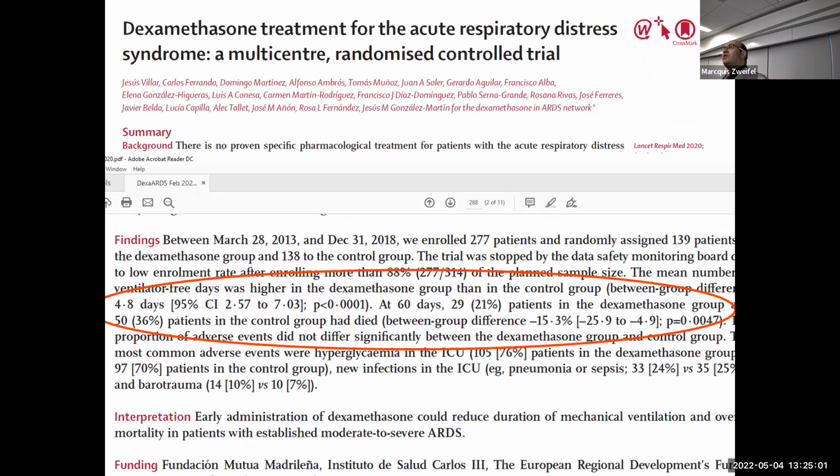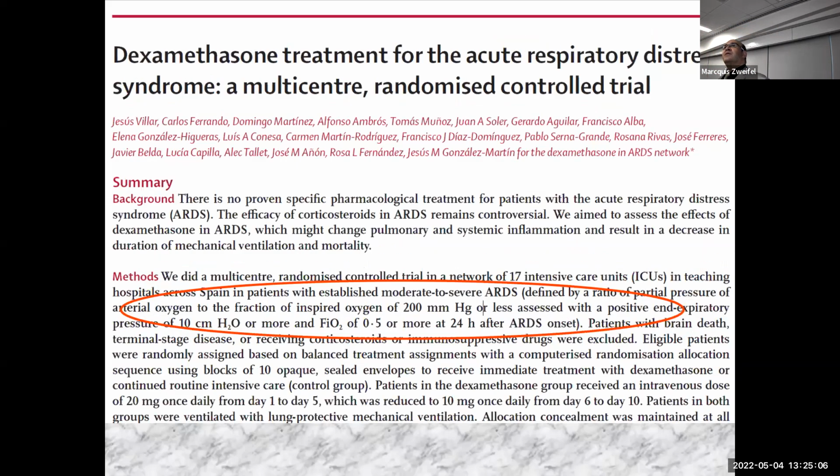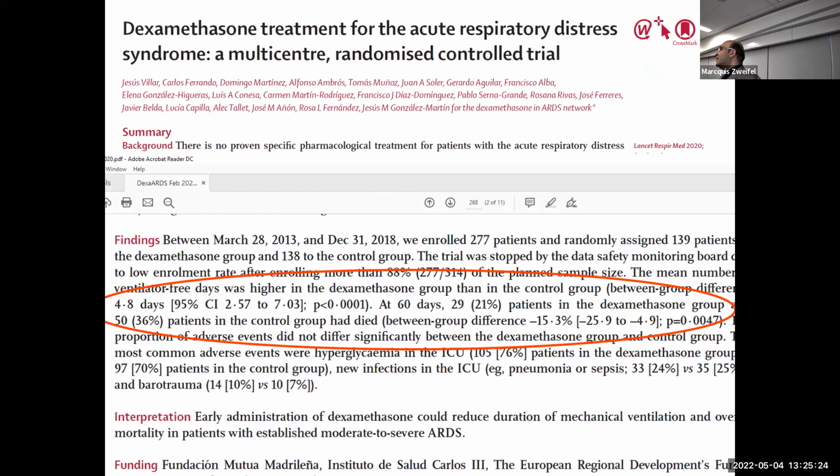So if they are on a PF ratio of 200, and 50% FiO2 and PEEP of 10, they started the 20 milligram for 5 days and 10 milligram for 5 days. And this data showed improved mortality and more ventilator-free days.